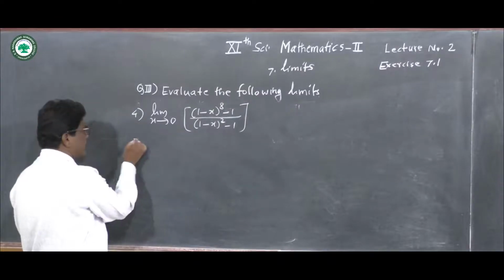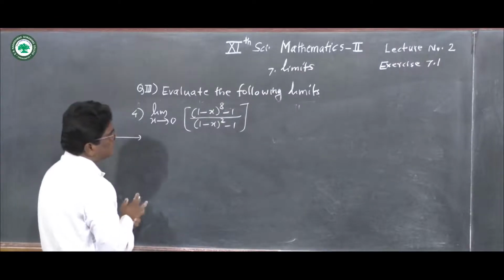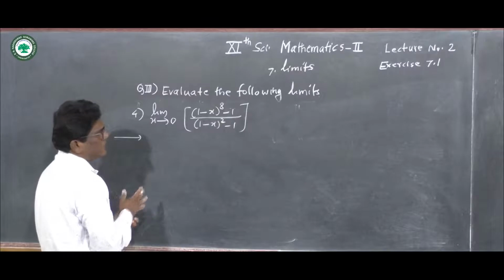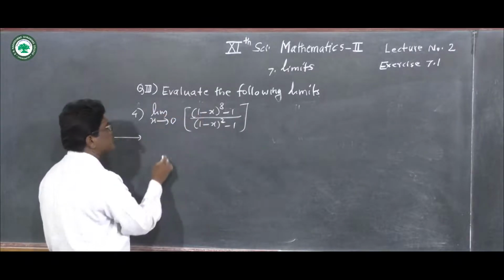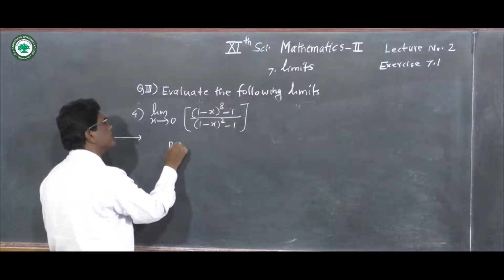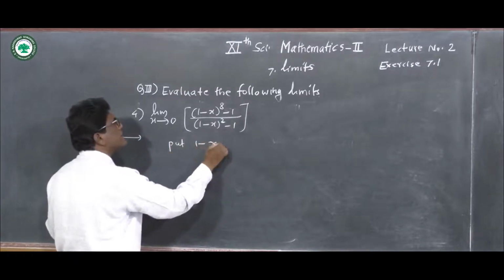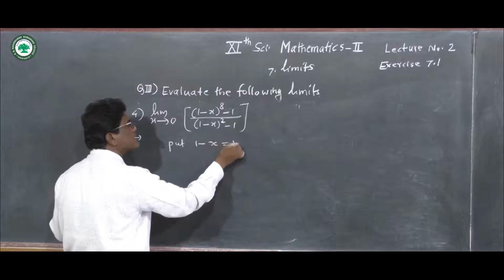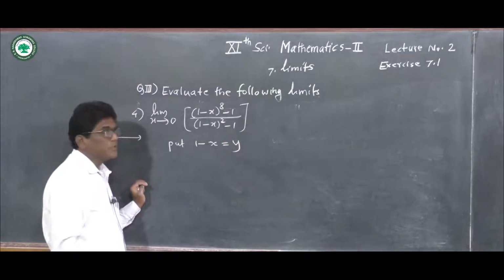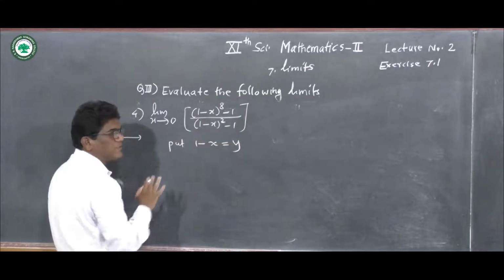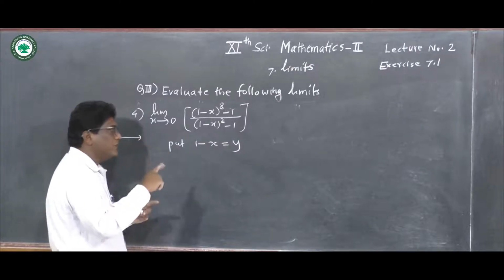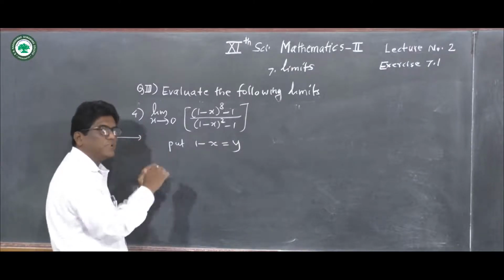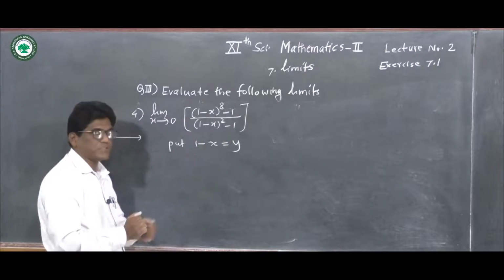Here we use the substitution method. Suppose we put 1 minus x equal to a new variable, say y. Now, as x tends to 0, when we use substitution we have to change the limit using this equation.